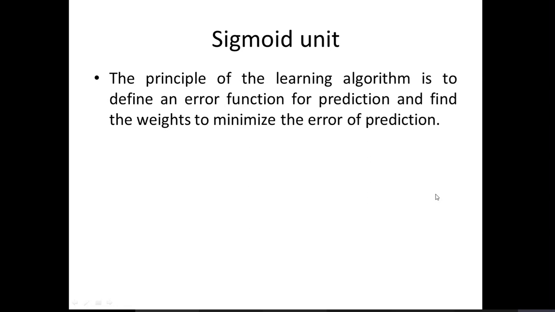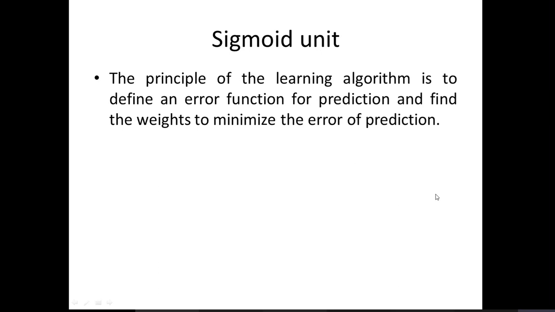So you give an input sample, you get an output. You give an input sample, you get an output, assuming that the weights are fixed. Now you define an error function. What is the output given by my model and what is the output I have to get from my model?